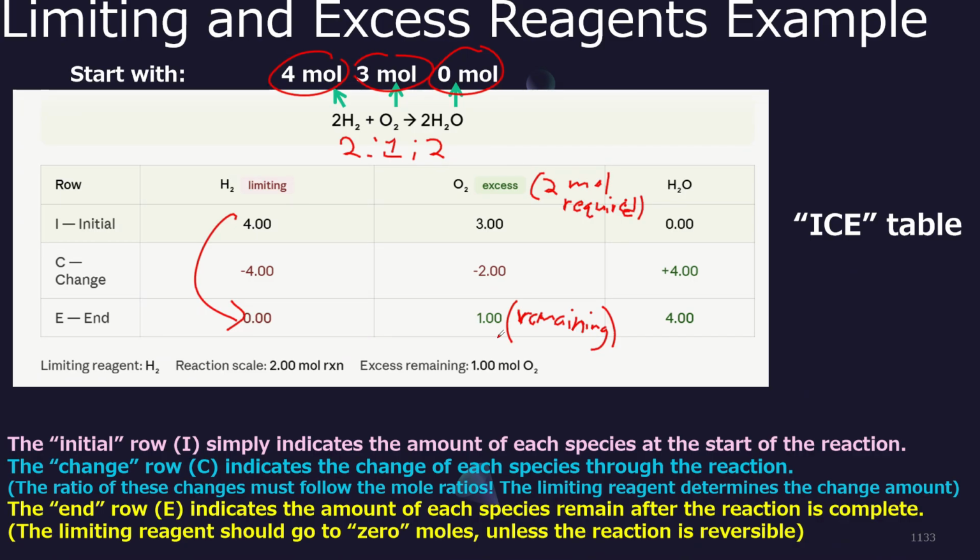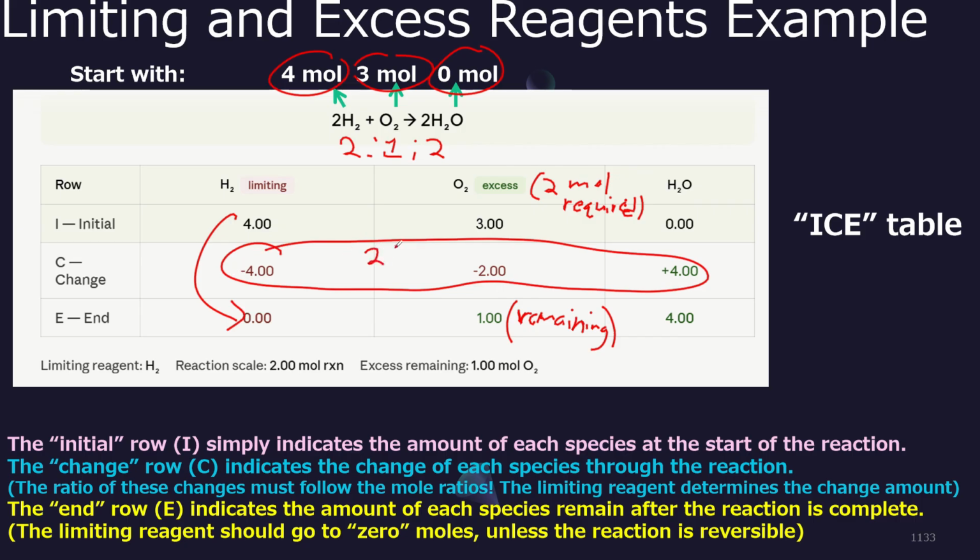So just like how we have 2 to 1 to 2 in our chemical equation, we also need that same ratio, 2 to 1 to 2, in the change amounts. And it's 4 to 2 to 4, but that is the same as a ratio of 2 to 1 to 2, if you just divide it all by 2. So that must be the same as your balanced chemical equation. If not, you're doing something wrong, something weird.